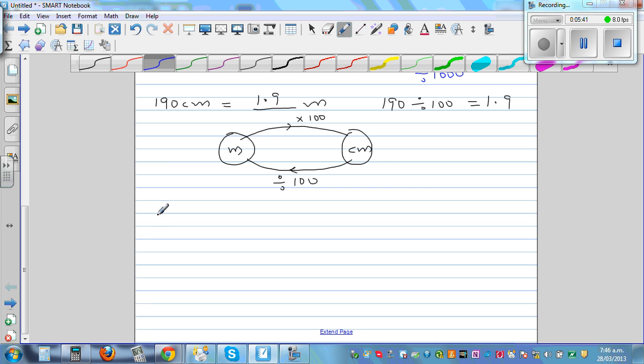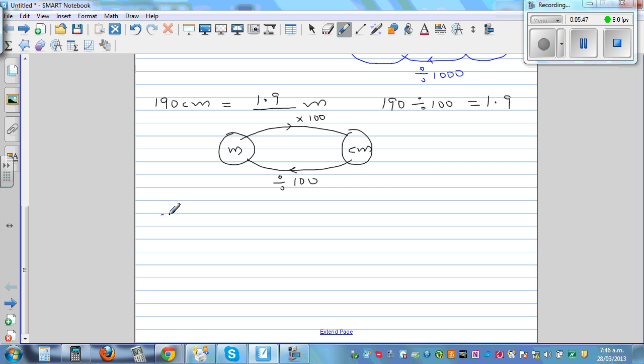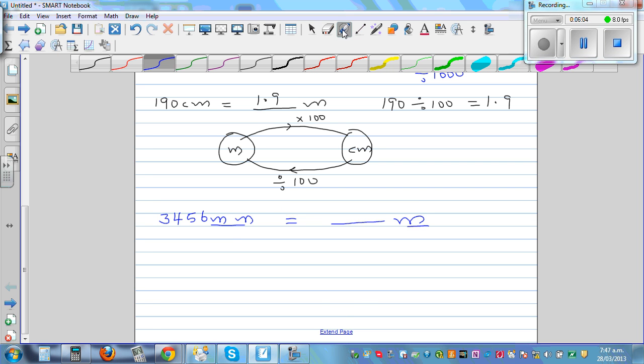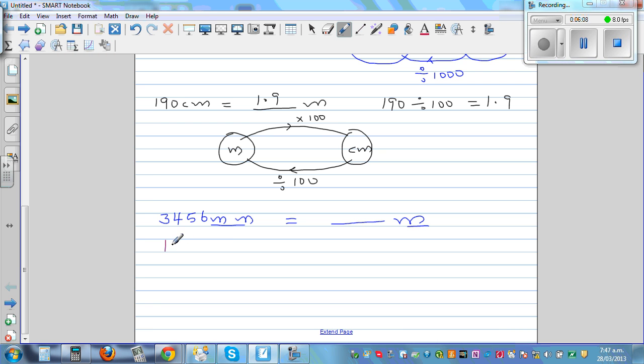Let me take one more example. You want to change, say, 3,456 millimeters into meters. Suppose this is the question. This is millimeters to meters. So you should know the conversion. If you don't, it's always good to write.